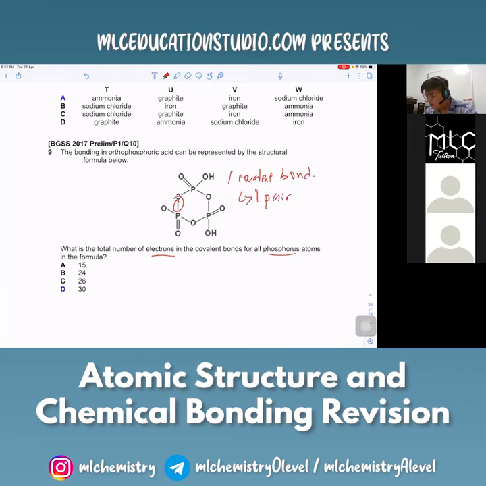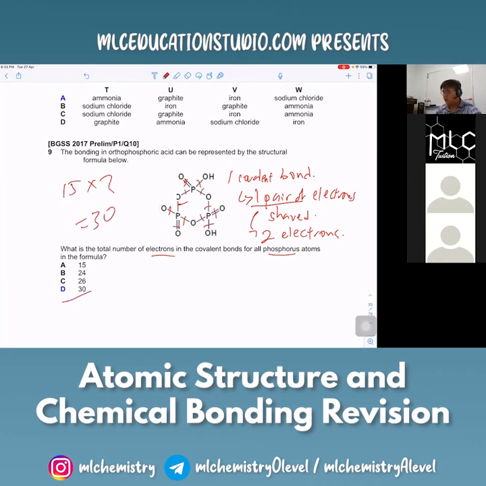One pair of electrons are being shared. So one pair means 2 electrons. So very simply, you need to count 1, 2, 3, 4, 5. 1, 2, 3, 4, 5. 1, 2, 3, 4, 5. So 15. 15 times 2 equals 30.